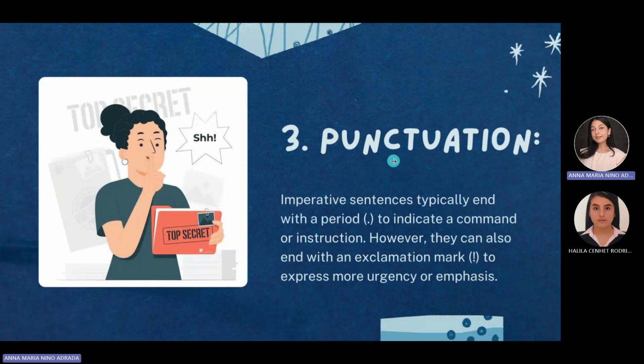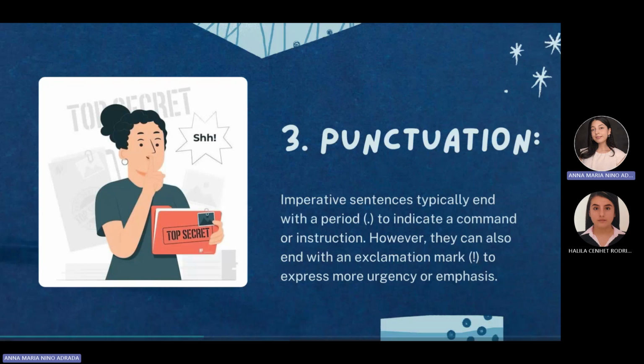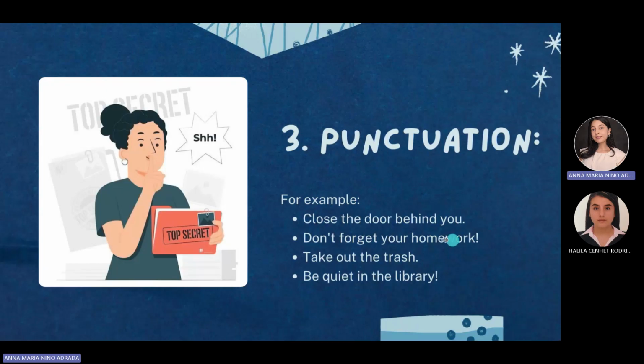Then punctuation is the third guideline. Imperative sentences typically end with a period to indicate a command or instruction, like a full sentence. However, they can also end with an exclamation mark to express more urgency or emphasis. I didn't write it here, but if you find something on a sign in the street, for example, it would not necessarily need a punctuation mark at the end.